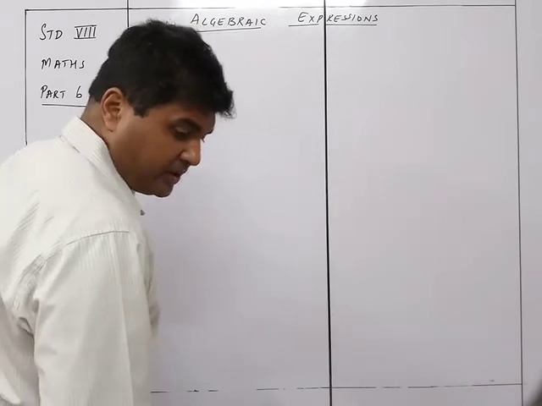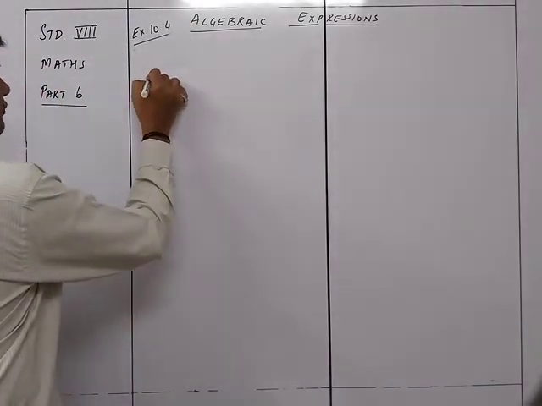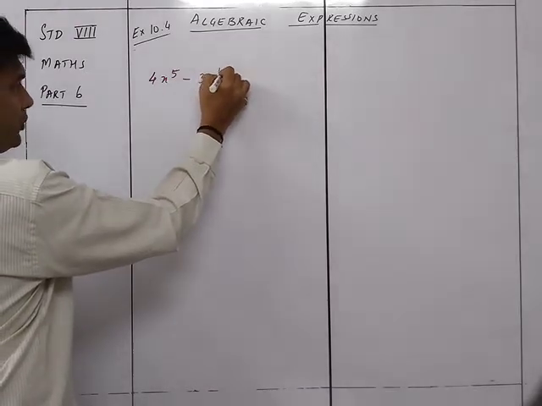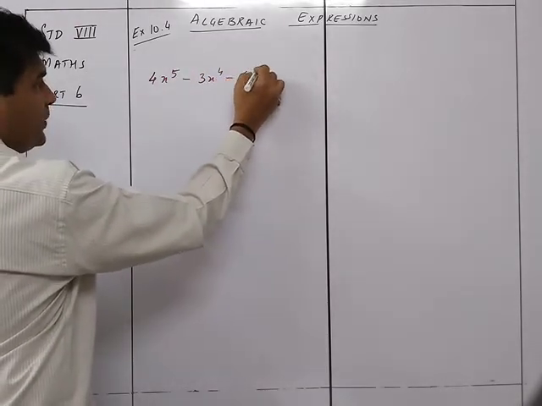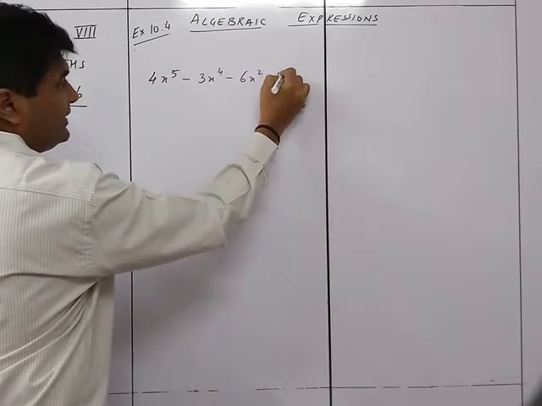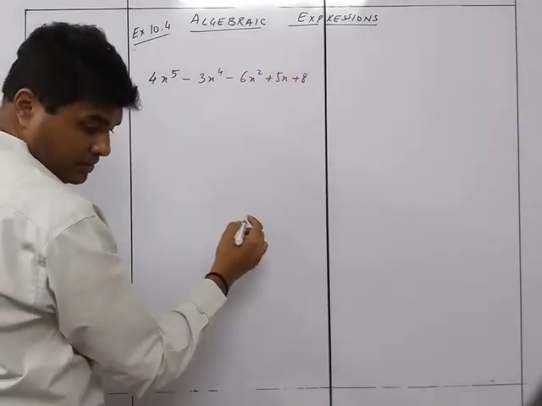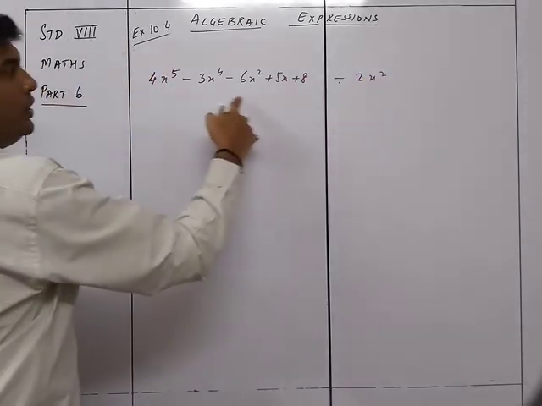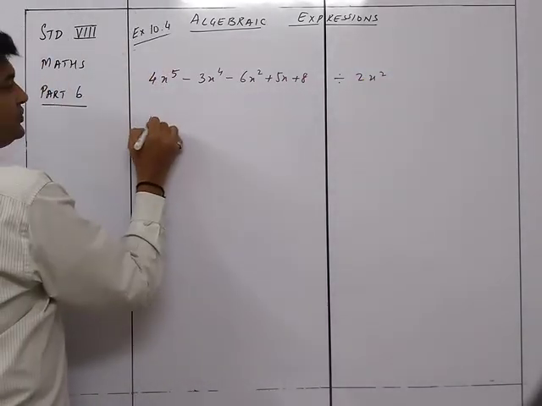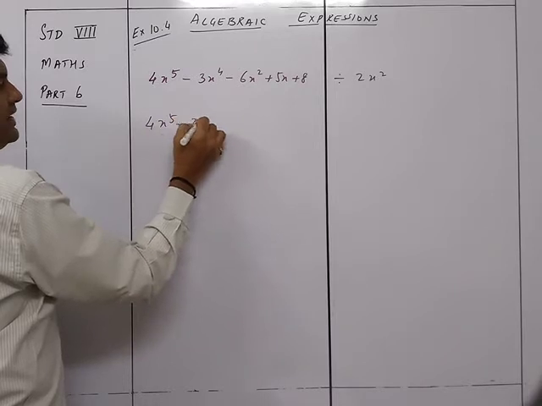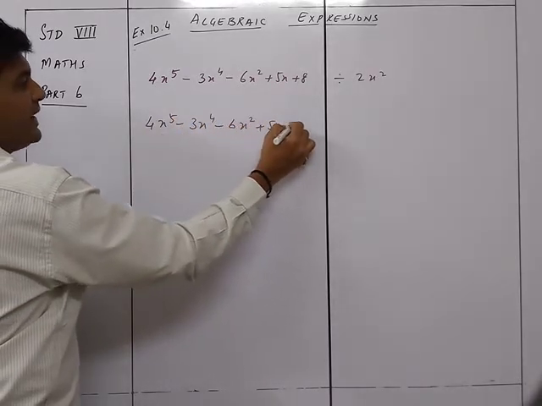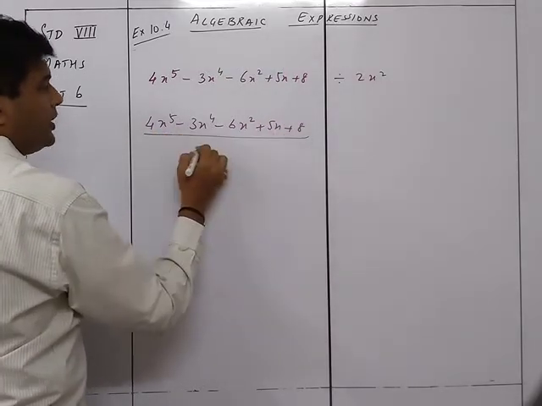So we are taking over here a polynomial: 4x raised to 5 minus 3x raised to 4 minus 6x square plus 5x plus 8, divided by 2x square. So you are going to write this as 4x raised to 5 minus 3x raised to 4 minus 6x square plus 5x plus 8, the whole upon 2x square.